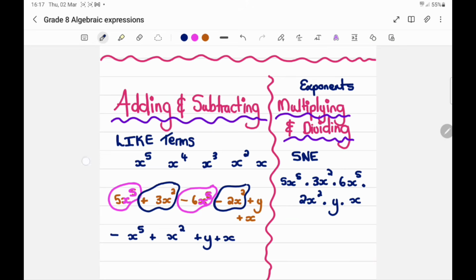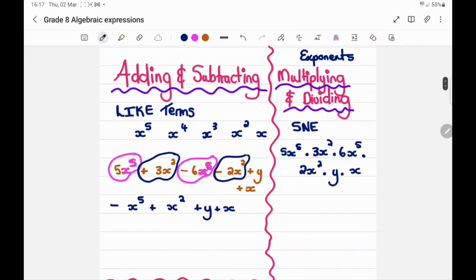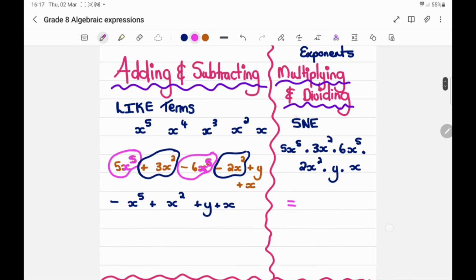So exactly the same sum, just instead of adding and subtracting, I'm going to multiply now. So we're going to follow our SNARE, the signs first. They're all positive, so we don't have to stress about the signs. Then the numbers.